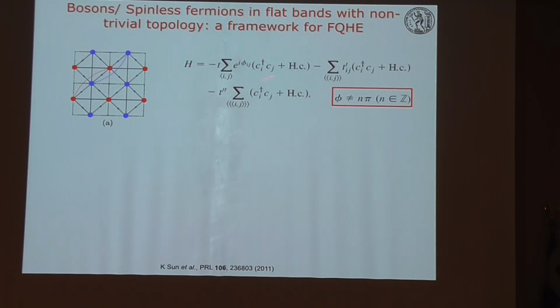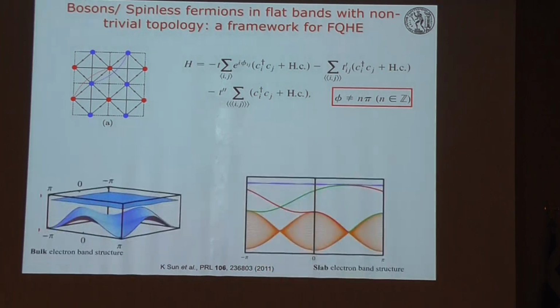This is the typical one electron Hamiltonian for such a Haldane lattice. We assume that we have a complex hopping among first neighbors, where this phase is not an integer multiple of pi.